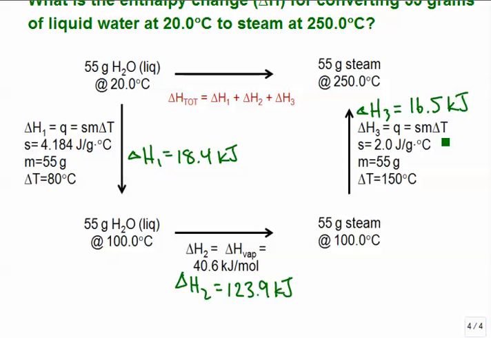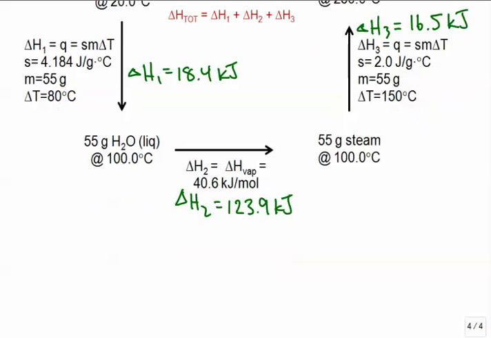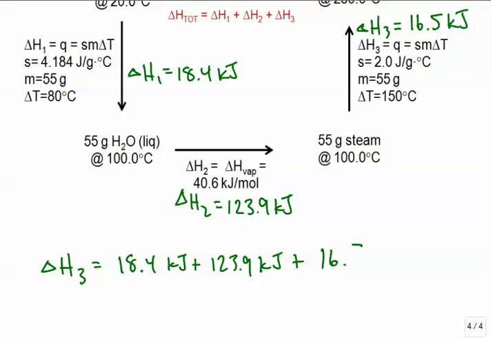We see that the net enthalpy change is equal to 18.4 kilojoules plus 123.9 kilojoules plus 16.5 kilojoules, for a total of 158.8 kilojoules to heat that 55 grams of water at 20 degrees C up to steam at 250 degrees Celsius.